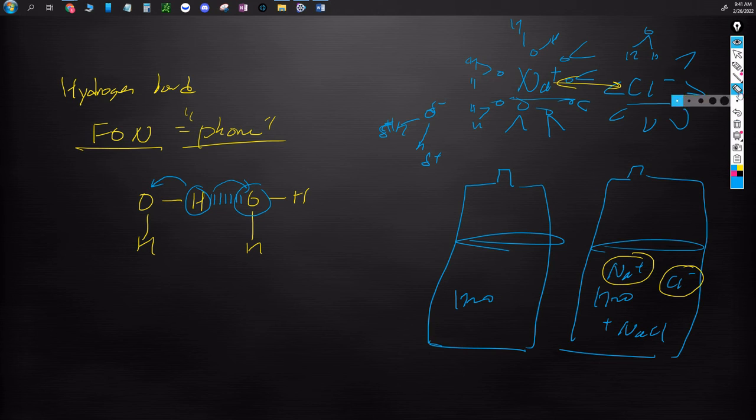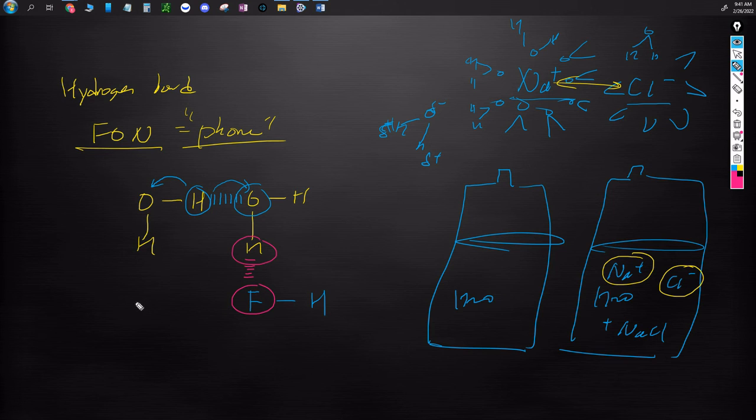What if we have HF, hydrofluoric acid? This hydrogen here has a neighbor, one of the FONs, within the molecule, and then the neighboring molecule has an F, which is part of the FON again, creating a hydrogen bond.